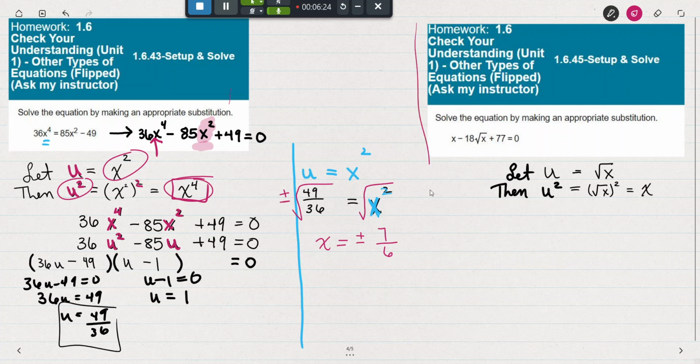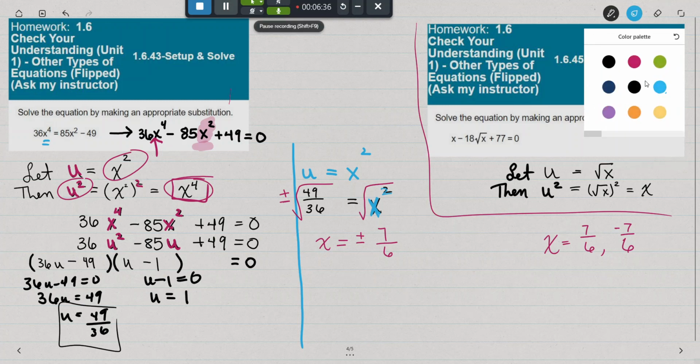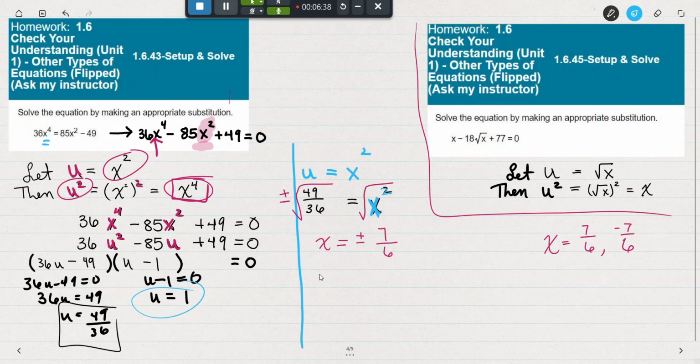So far, I have two answers. X is 7 over 6. X is the opposite of 7 over 6. But I'm not done yet because I need to do the same now for this second result, the u equals 1.